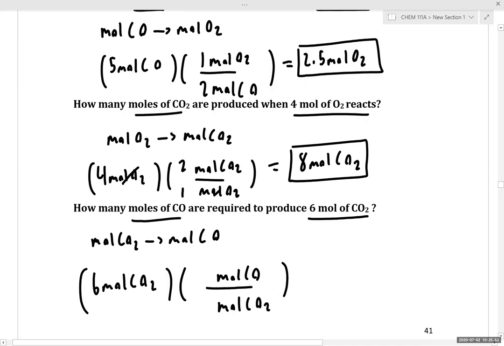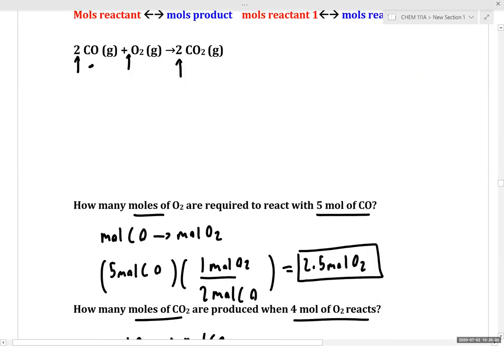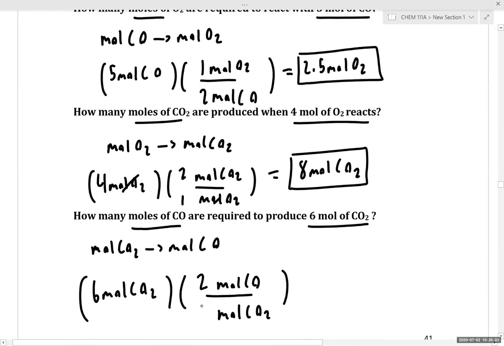What's our mole to mole ratio? Looking at our equation, what's our ratio of carbon monoxide to carbon dioxide? 2 to 2. And in turn, after the moles of carbon dioxide cancel, we get 6 moles of carbon monoxide.